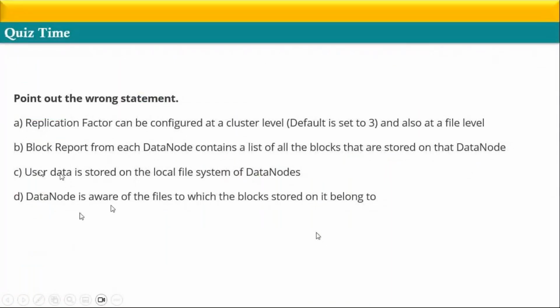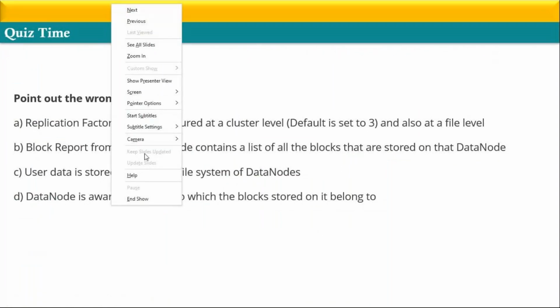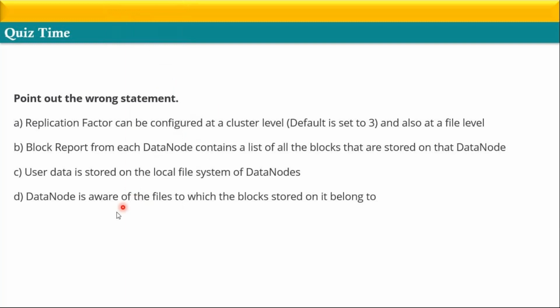Yes, sir. Okay, so D will be the correct answer. Data node is aware of the files to which the block stored on it belongs. So data node does not have this awareness. So this is the incorrect statement.